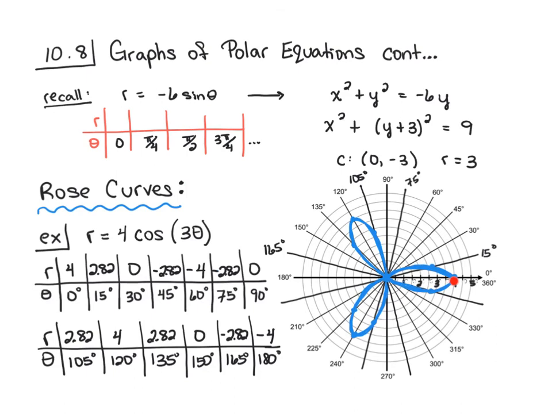So basically, from 0 to 180 degrees, this picture gets drawn one whole time and gets plotted. So this is an example of a rose curve, and I could have figured out how many petals it was going to have and how long each petal was going to be right here from my polar form.